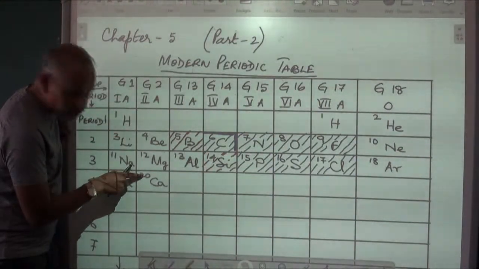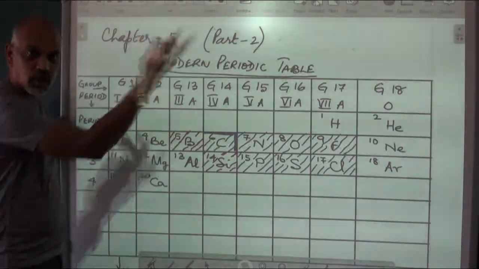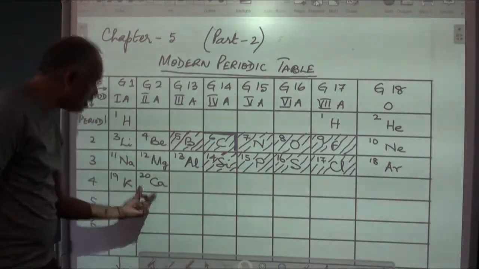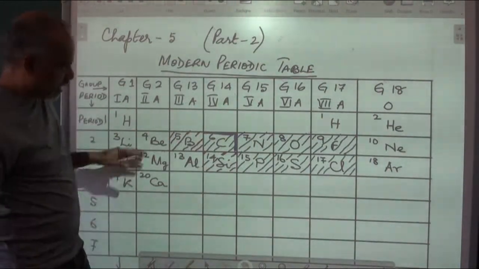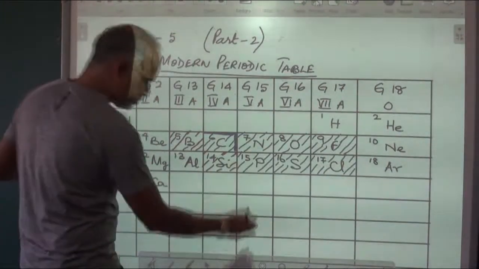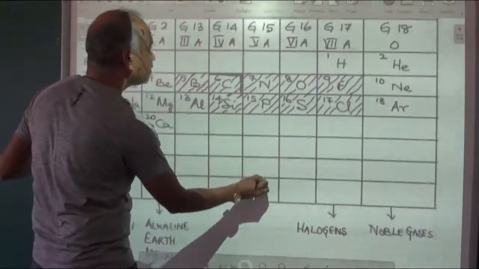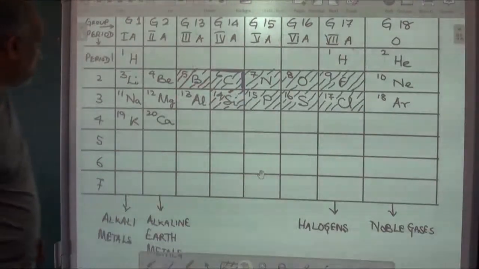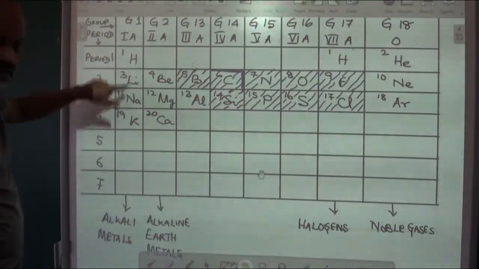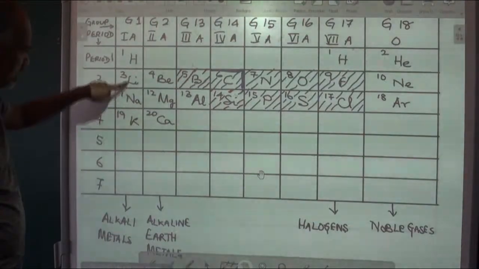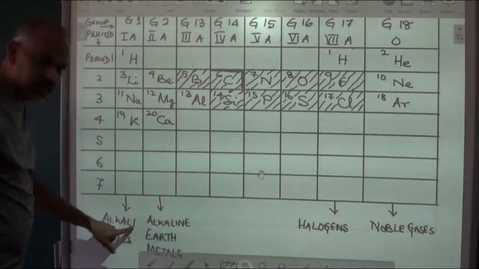All these will have 2 electrons in their outermost orbit. That's why they are under group 2. And so on. Okay. Now, those under group 1, these elements, except hydrogen, are called alkali metals.